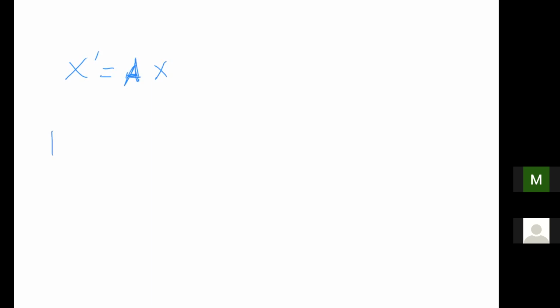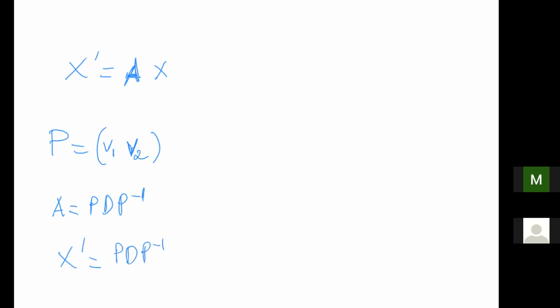If I write P as the matrix whose columns are V1 and V2, I know that my matrix A can be written as P D P minus 1, where P minus 1 is the inverse of P. So I can write x prime equals P D P minus 1 x, and therefore P minus 1 x prime equals D P minus 1 x.